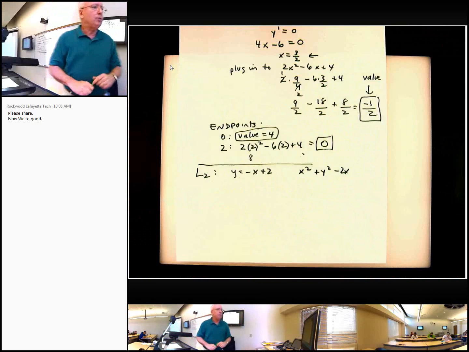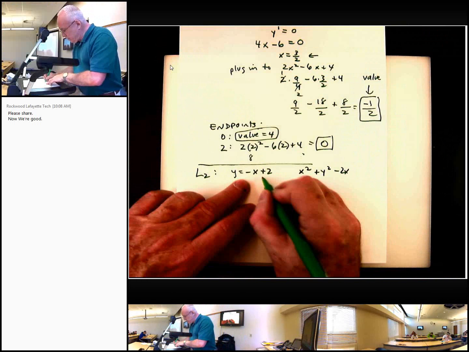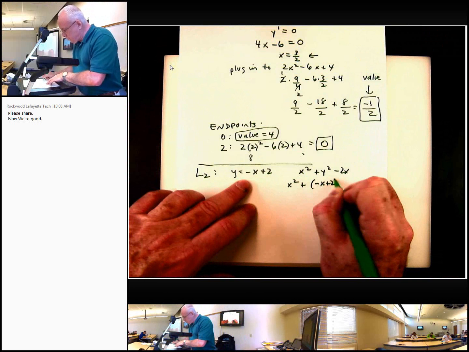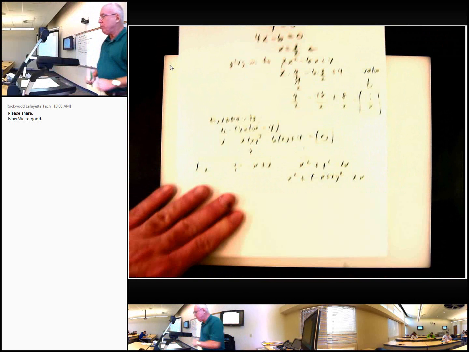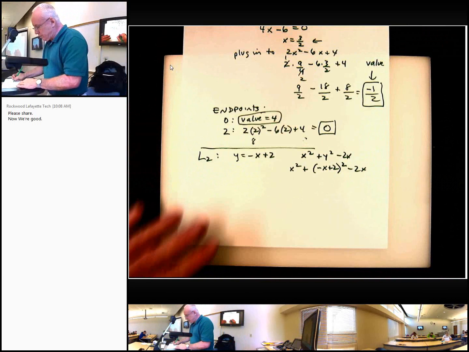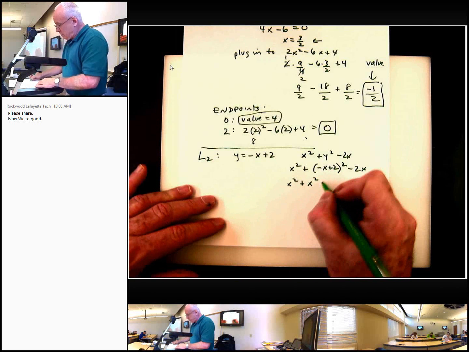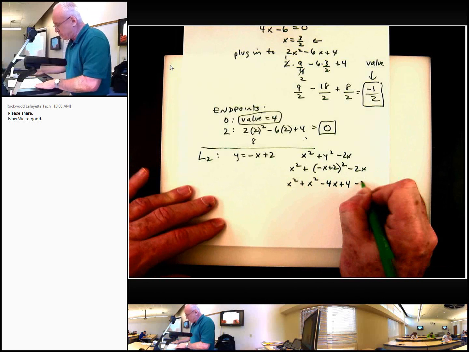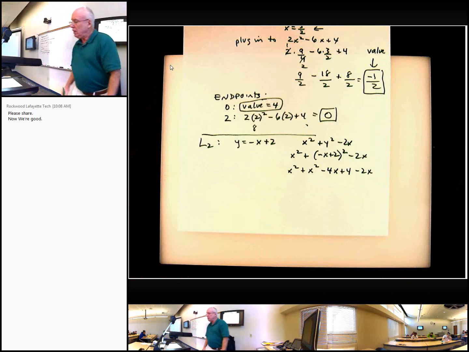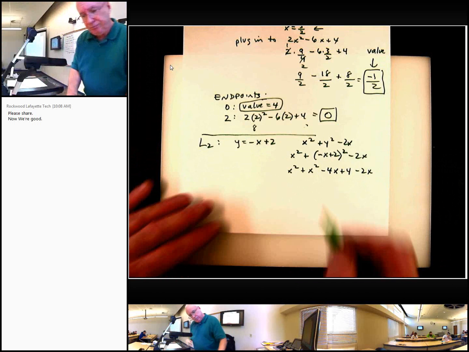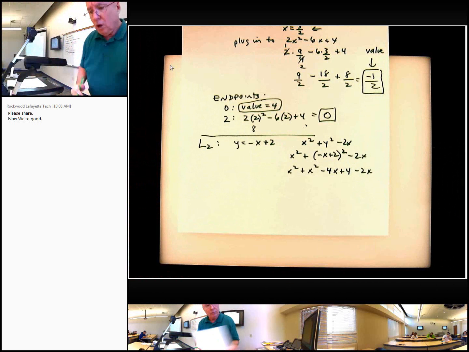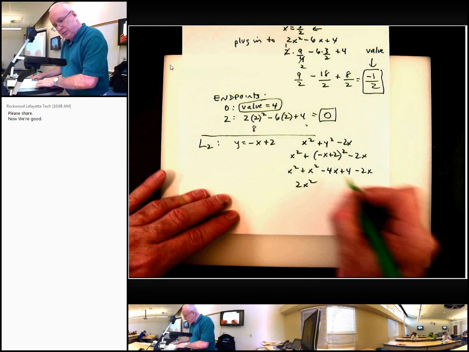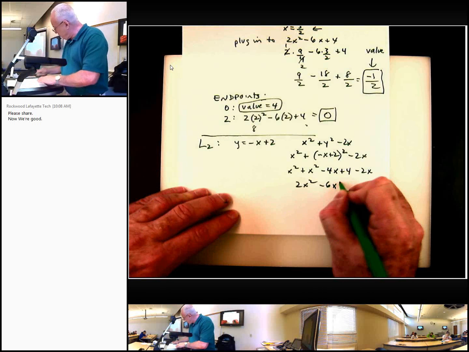So now we have x squared plus (minus x plus 2) squared minus 2x. Boil all this out, we get x squared plus x squared minus 4x plus 4 minus 2x. Be careful with minuses. And combining like terms, we get 2x squared minus 6x plus 4.